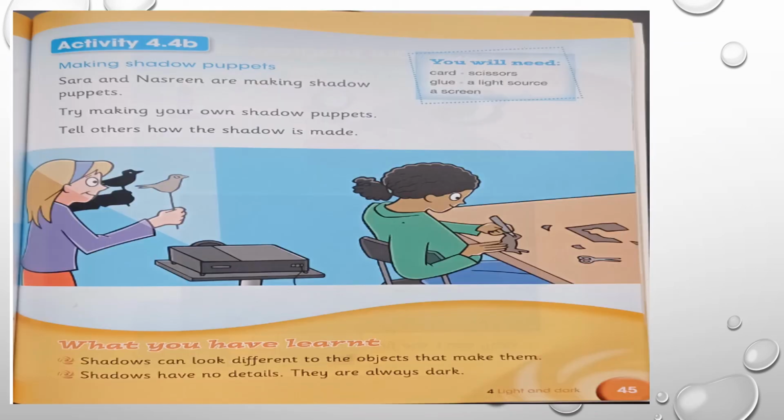Okay, page 45 of our learners' books. Still about making shadow puppets. Sarah and Nazreen are making shadow puppets. Try making your own shadow puppets. Tell others how the shadow is made.